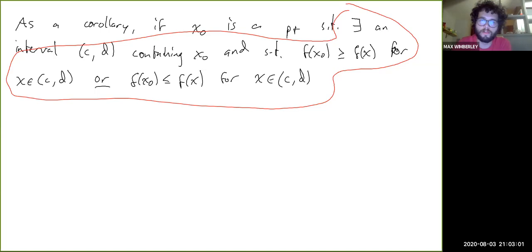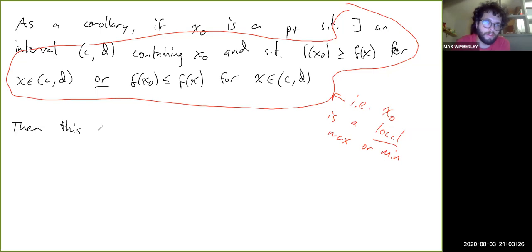So, i.e. x naught is a local max or min. Then this theorem still tells us, right?